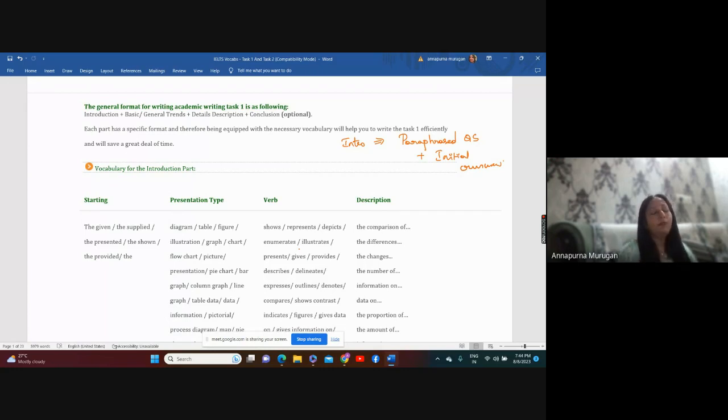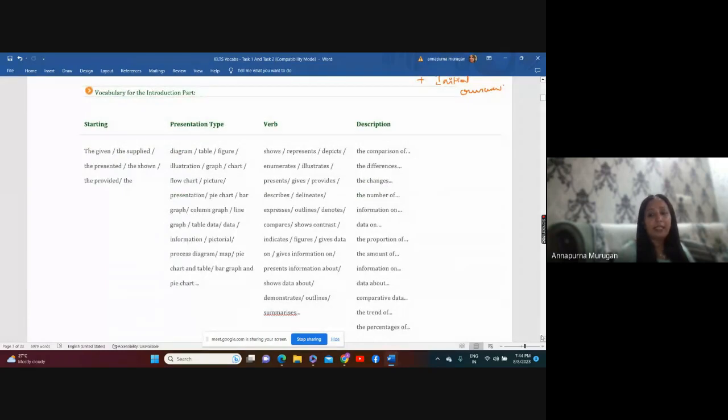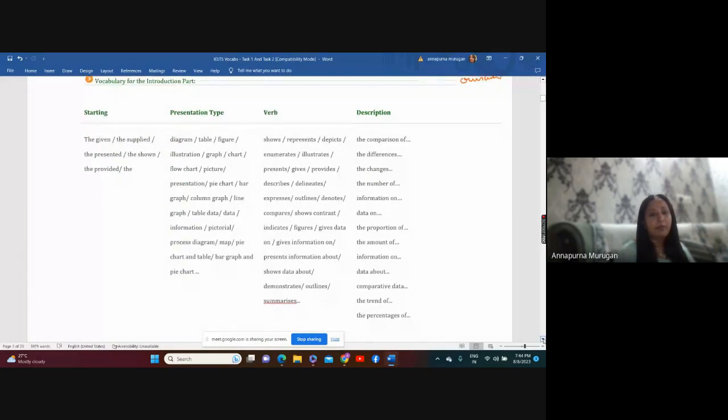You know what to write, but the problem is how we are going to present it, and what new words we can use. I have many ideas that you can use: the given, the supplied, the presented, the shown, the provided.